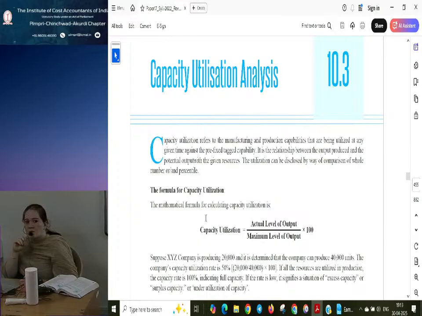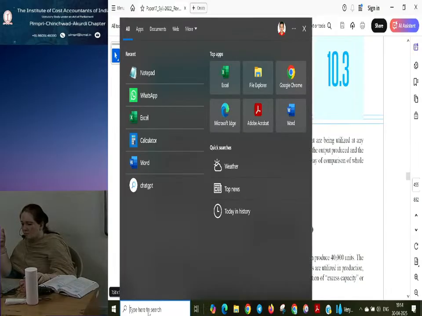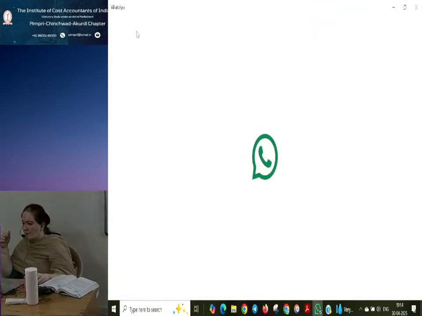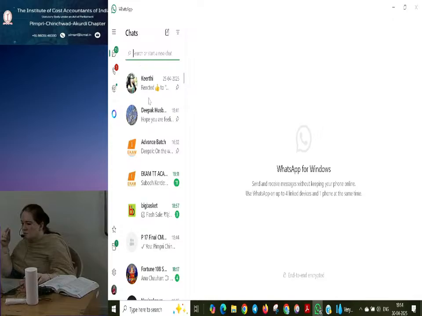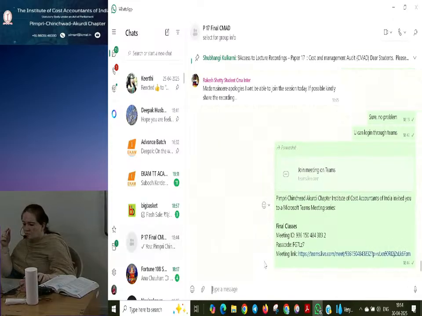Still it's not audible for me. It's very low. Fine. You can even write it in the WhatsApp chat. So if you have anything, you can put it here in the chat box.